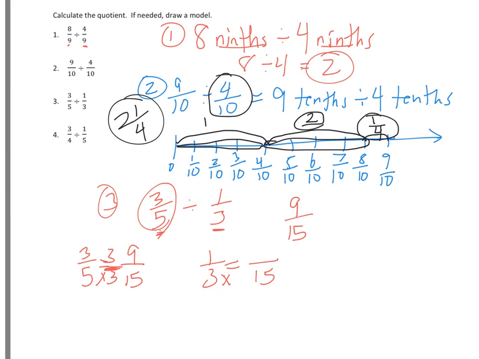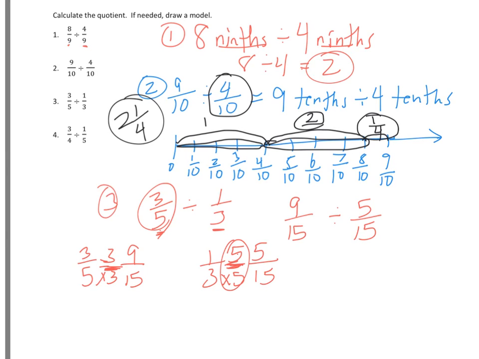Down here, 3 times 5 will get me 15, so I have to do a 5 over 5. Because this 5 over 5 equals 1 whole, so I'm not changing the value of 1/3, I'm just changing the unit of it. So that's what I'm left with, 9/15 divided by 5/15.